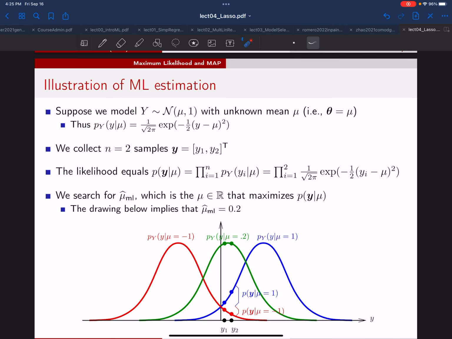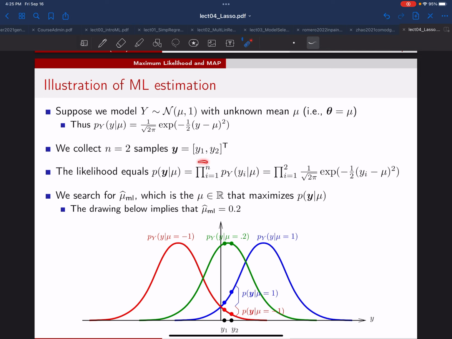So if I think about it this way, when I want to form the likelihood, I have to say what is the probability of receiving those two samples, two measurements, y1 and y2, for a given hypothesis mu. So again, we assume that those two samples for that given mu are independent.